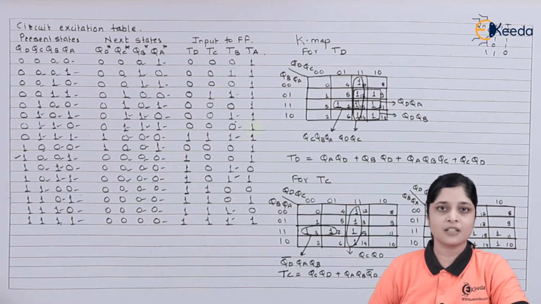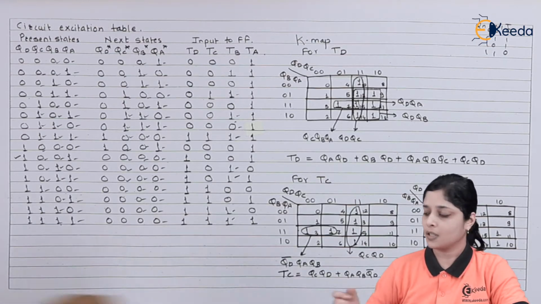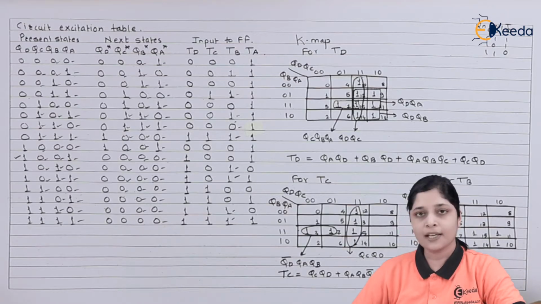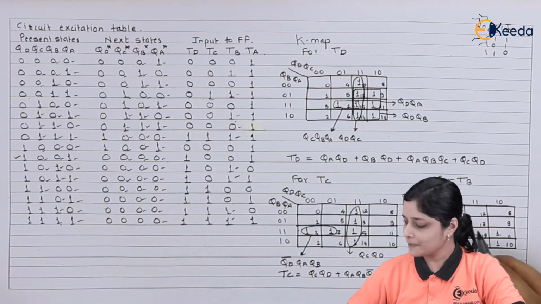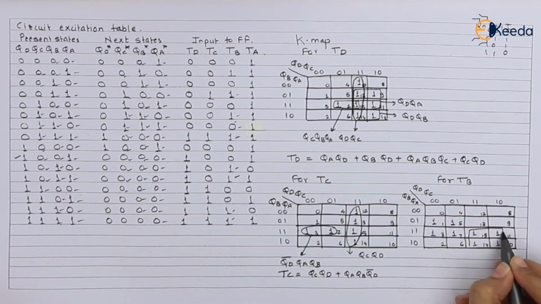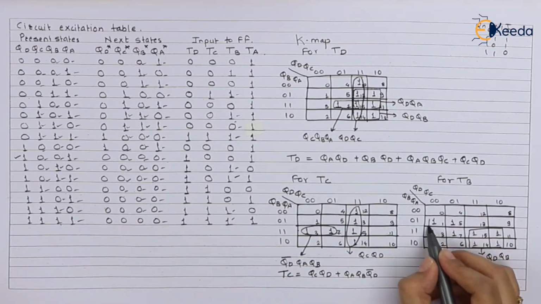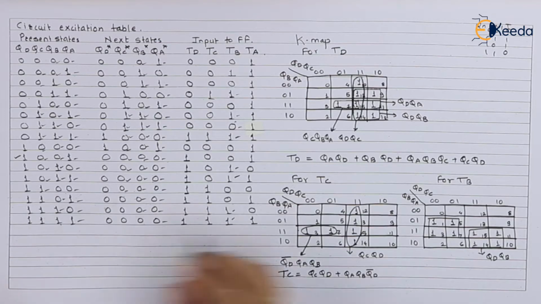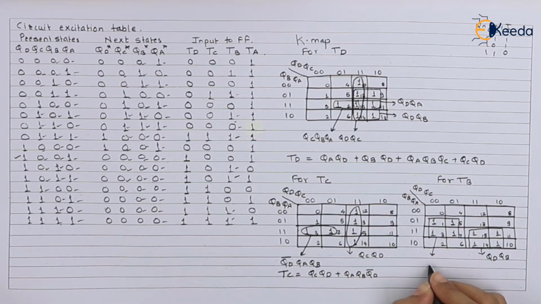After that grouping starts. Now how to make a groups? So if you see here we can make a group of 4 ones. So this will make a first group of 4 ones, and the equation for this is what? QD is same, here QB is same, and for this ones we can make a group of 4 ones, and here the equation we can write is what?